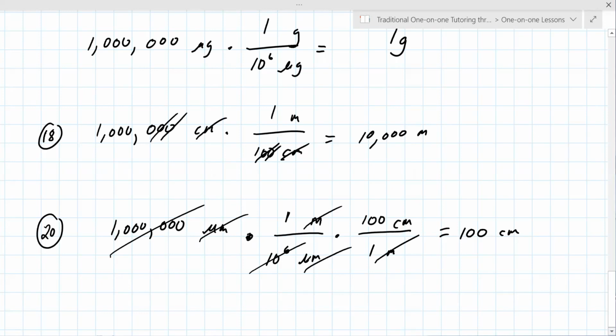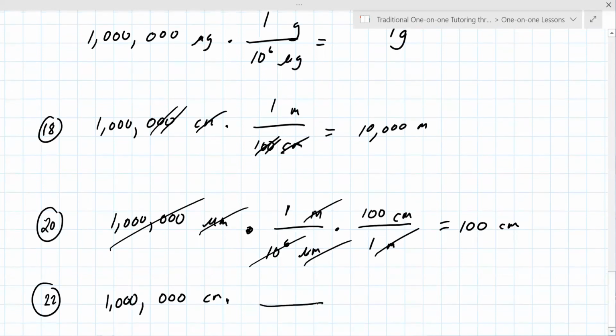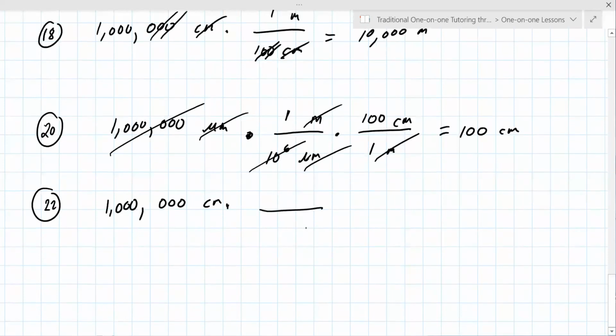All right, on number 22. This one is 1 million centimeters to kilometers. The problem here is again, you can go directly, but I like to go to that base unit. If it's not clear what I mean by base, it's meters, grams, seconds, the one right in the middle.